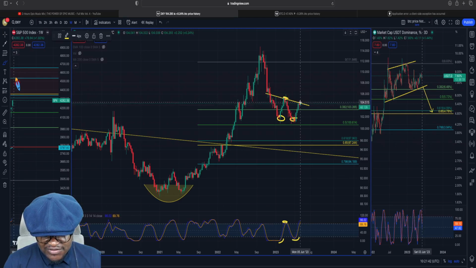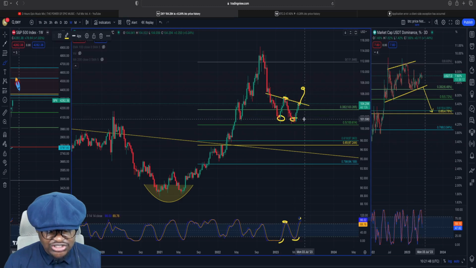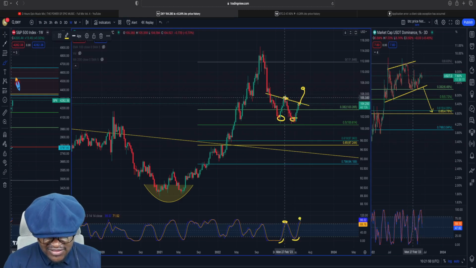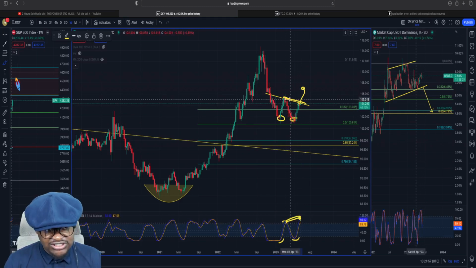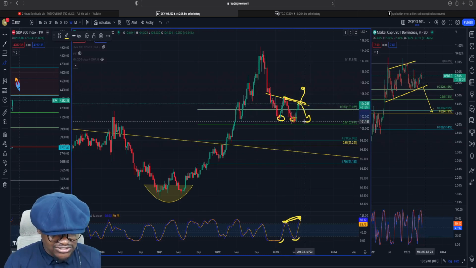So if this was up here corresponding with this high, then we would say that okay, the dollar now is showing strength. However, that is like so, and this is like so, giving us the bearish divergence instead. So I would expect the dollar to go like so.